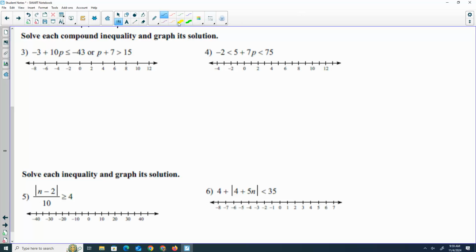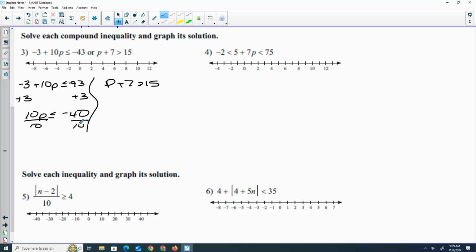When they were ors, we just treated it as 2 separate problems. So we solved the first one, we solved the second one. Okay, so for the first one, we would add our 3 over. So we get 10p is less than or equal to negative 40.